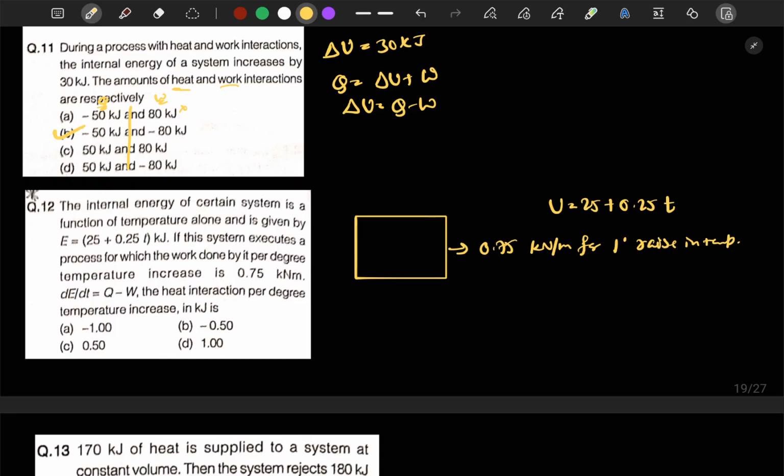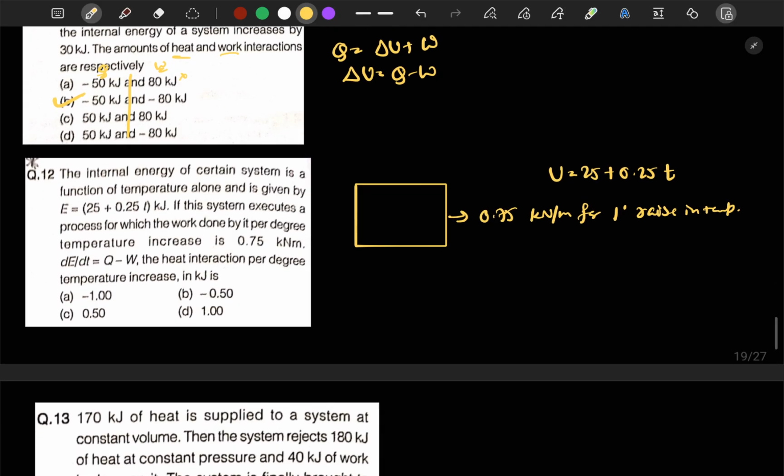Okay, now it is asked: what is the heat rejection per degree? See, there is the equation given, dU by dT is equal to Q dot minus W dot.